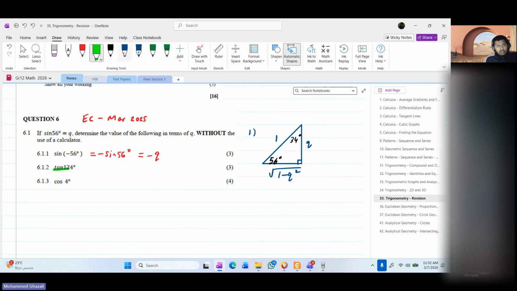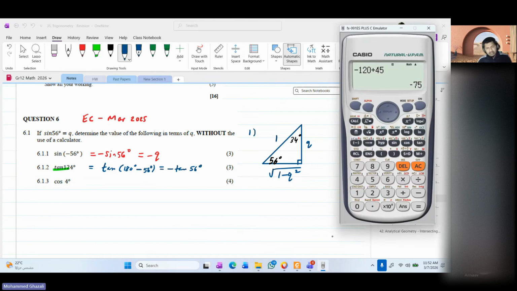What is tan of 124? Tan of 124 is in the second quadrant, okay? So that's tan of 180 minus 56. So that's negative tan 56.